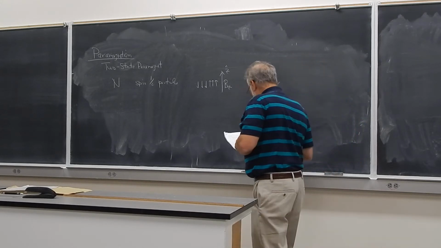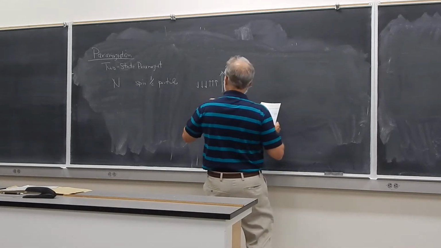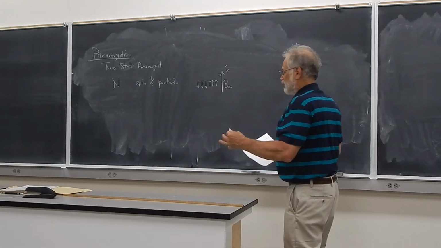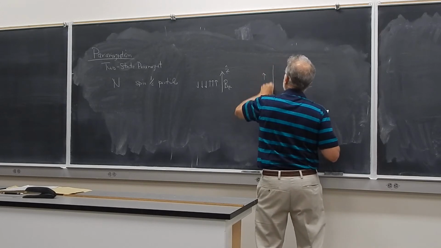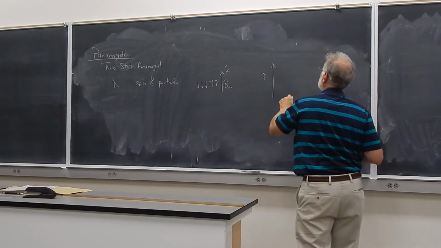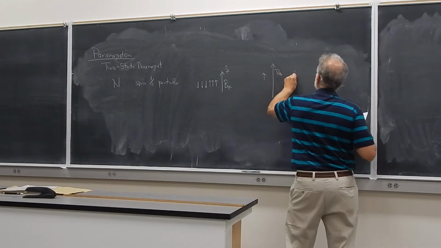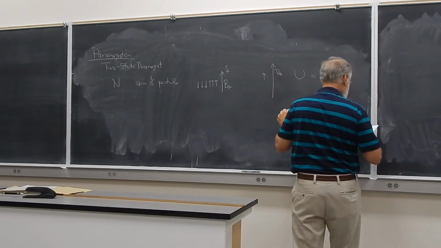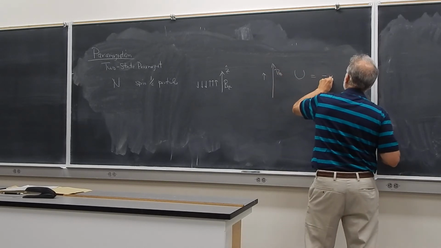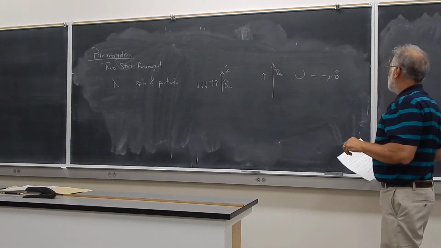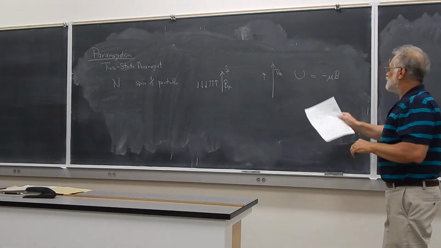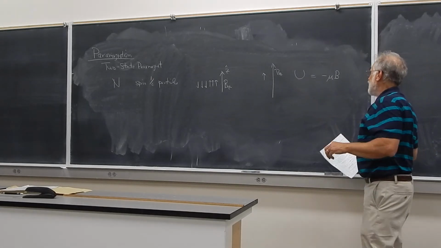And if I think about the potential energy of such a configuration, when a spin is aligned with the magnetic field, the potential energy associated with that configuration is minus mu times b, where mu is the magnetic moment of the spin, and b is the size of the magnetic field.